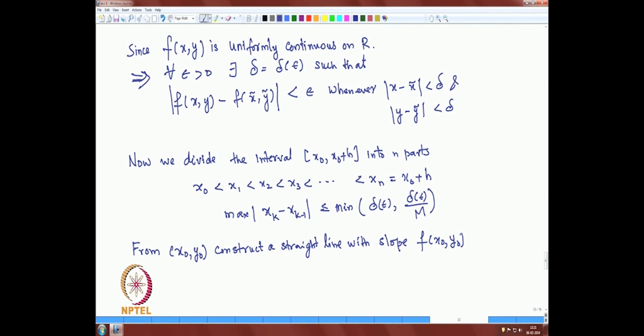We are starting from the point x0, y0, and we know the slope of the solution at this point is f(x0, y0) from the differential equation, as dy/dx is f(x, y).